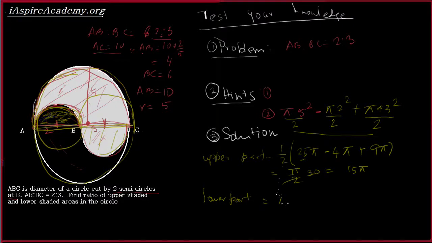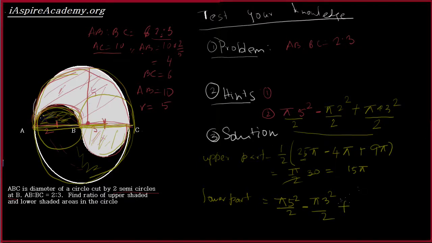The lower part is done the same way, only we subtract and reverse the opposite. Again we take the lowest semicircle, which is pi 5 square by 2. Then this time we subtract the bigger semicircle, because for the lower part we don't have this big semicircle. That is pi times 3 square by 2, because the bigger semicircle has a radius 3.